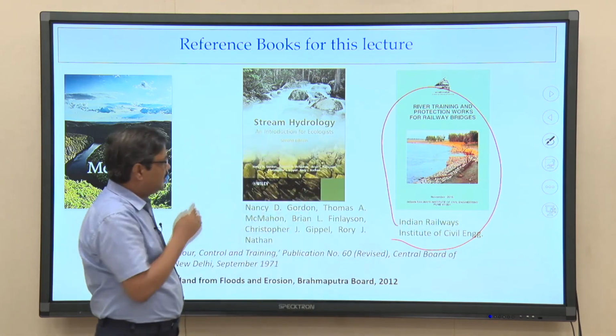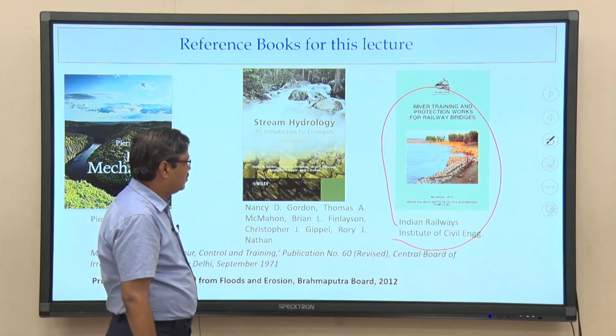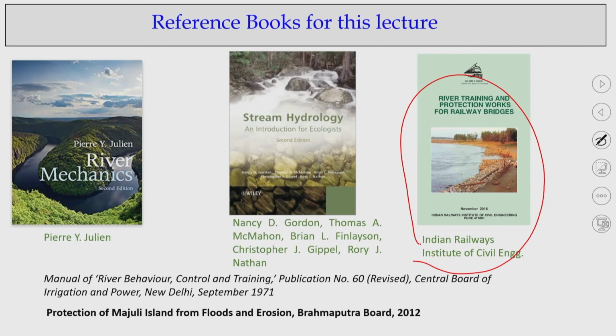As you know, riverbank protection work has been done extensively for many rivers like Ganga, Brahmaputra, Brahmini, and we have a lot of experience in how to protect the riverbank, understand the river behavior, and control and training, which goes back much earlier, to the 1971 and 2012 reports about protection of Majuli Island, which is part of the Brahmaputra river, on floods and erosion. That is the part I will cover.